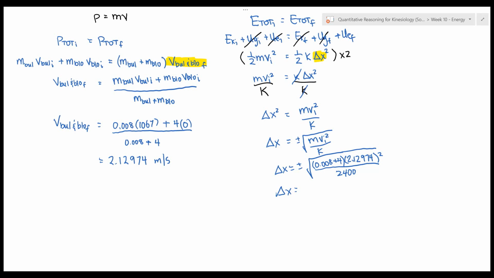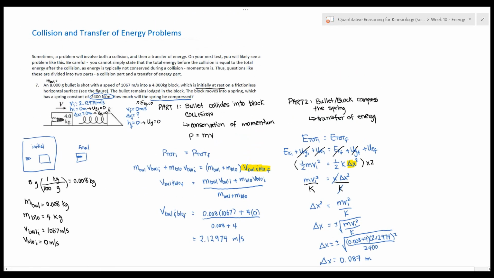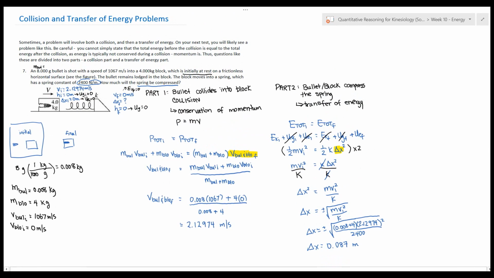Everything's in the square root sign, and I get 0.087 meters. There's a plus or minus, but the question is asking how much is the spring compressed? So the spring will be compressed 0.087 meters. Or if I wanted to, I can change it to centimeters. It would be 8.7 centimeters.